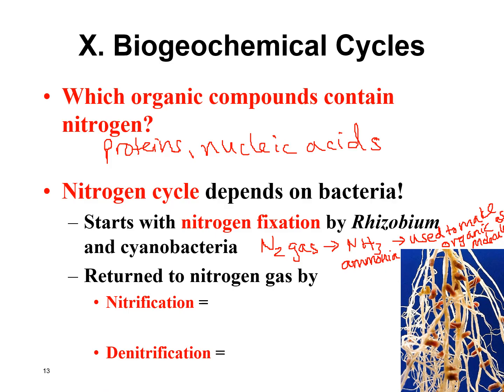So from nitrogen fixation, we then go to nitrification, which is defined as converting the ammonia to nitrites or nitrates. And I'm not going to ask you these chemical formulas.